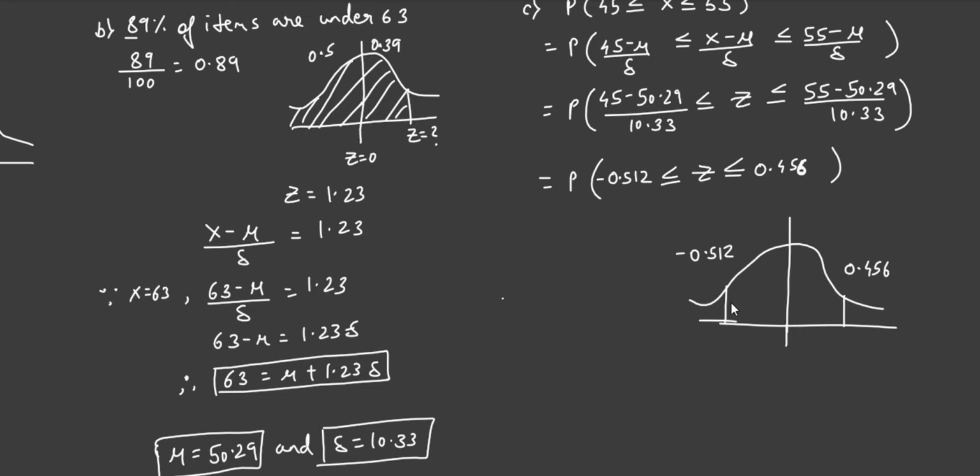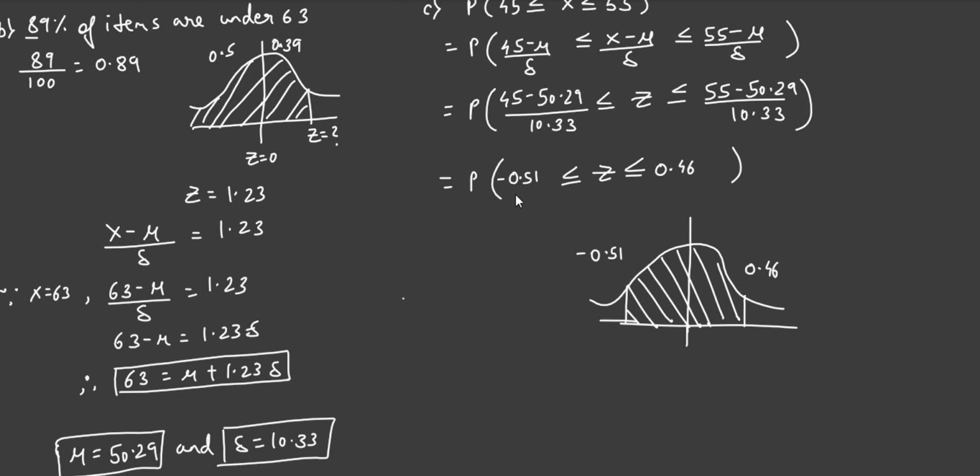So we have to find the area between these. Here I have taken only 2 digits after the point, so I have rounded off, so it is minus 0.51 and 0.46.